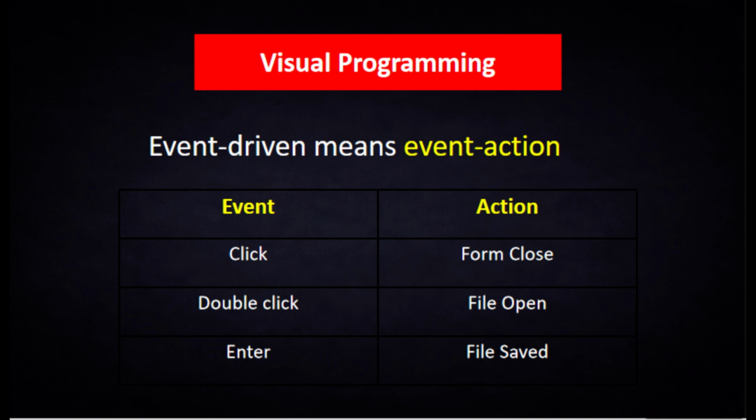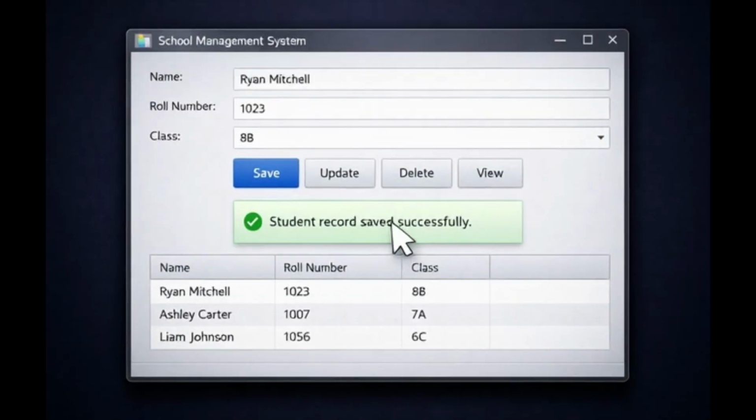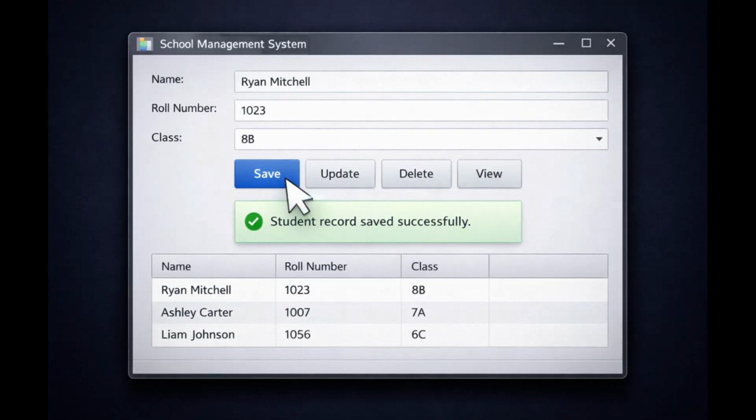So the visual programming model is based on event action pair. Let's take an example of SMS, school management system.